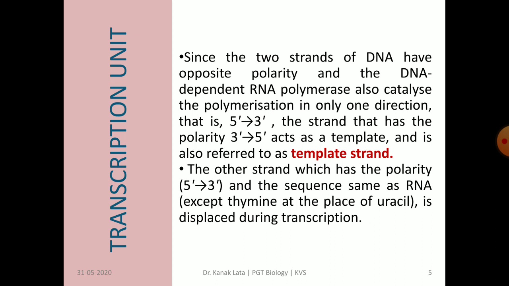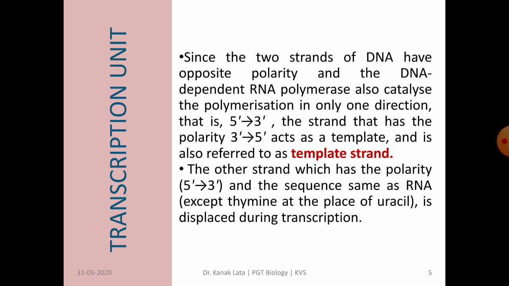Since the DNA-dependent RNA polymerase enzyme also catalyzes polymerization in one direction, that is 5' to 3', the strand that has polarity 3' to 5' acts as the template strand.